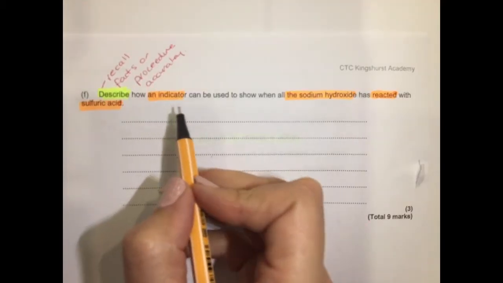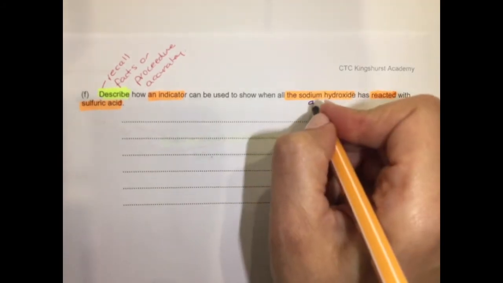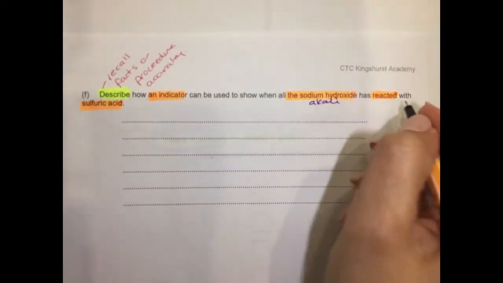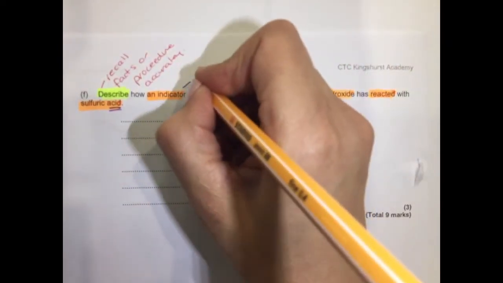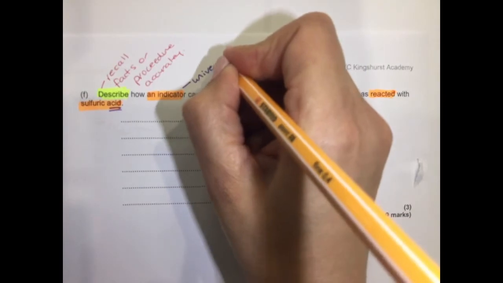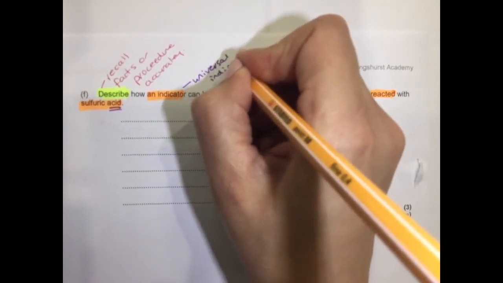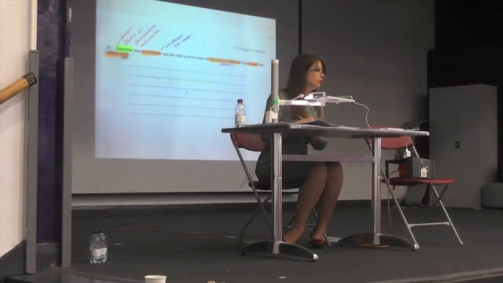Right, what indicator do we use? This is an alkali, and we've got an acid. What indicator do we use when we want to know about acids and alkalis? Universal indicator. Right, so we'd put it in either the acid or the alkali, yes?